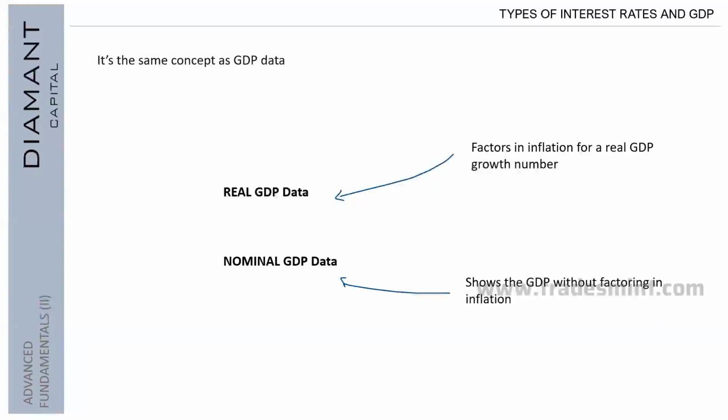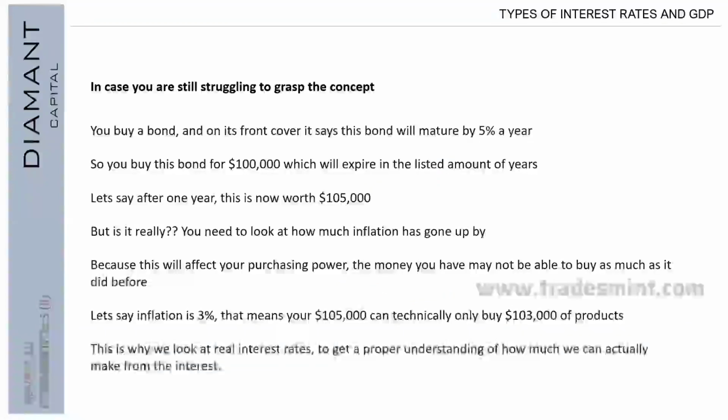But in reality, it's the same thing as what we've just seen with interest rates. The real GDP data actually factors in that inflation and shows the true increase that we've seen in GDP that year.